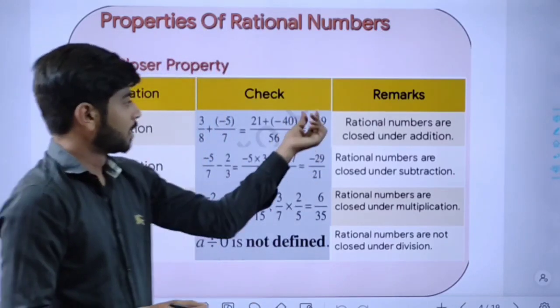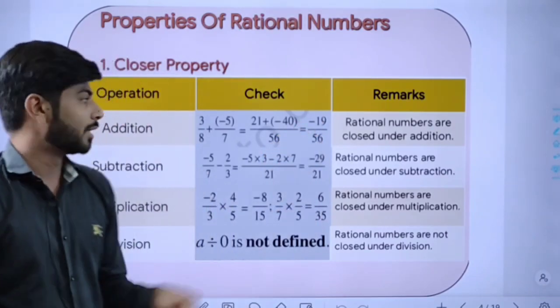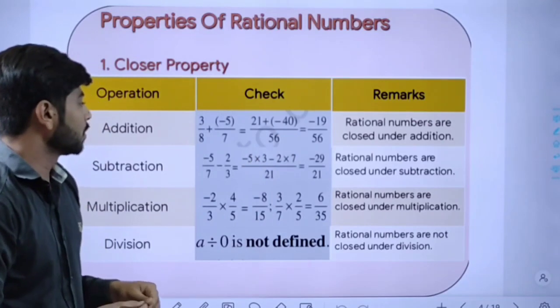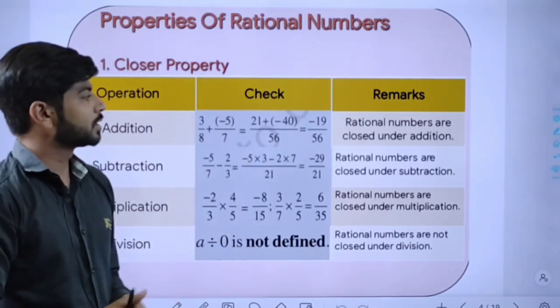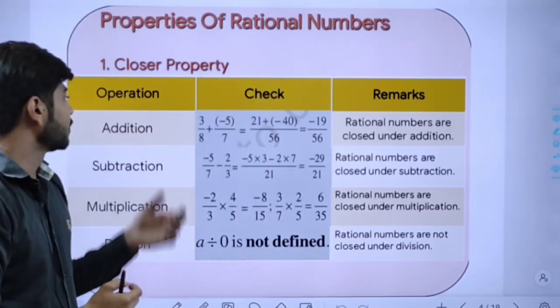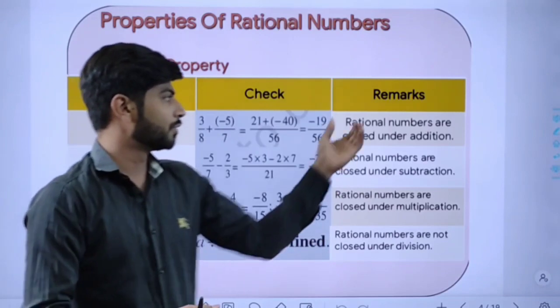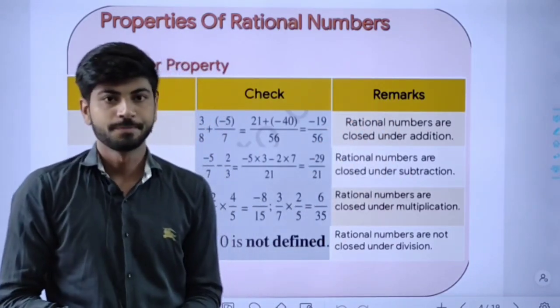Yes, it is in P upon Q form, so the answer is also a rational number. So if we add two rational numbers, we will also get a rational number. So the closure property is followed by rational numbers for addition. So we will write: rational numbers are closed under addition.